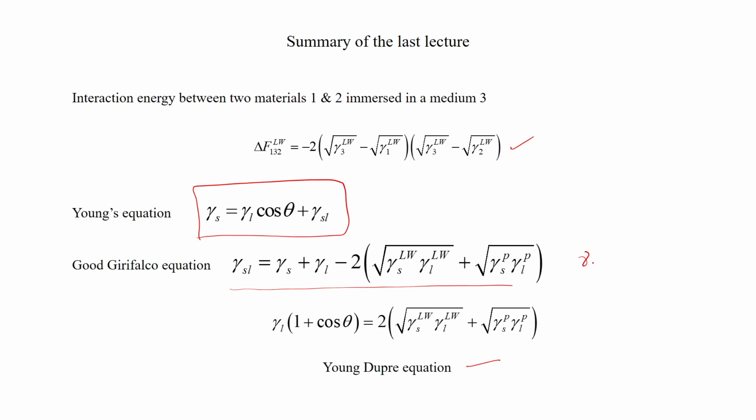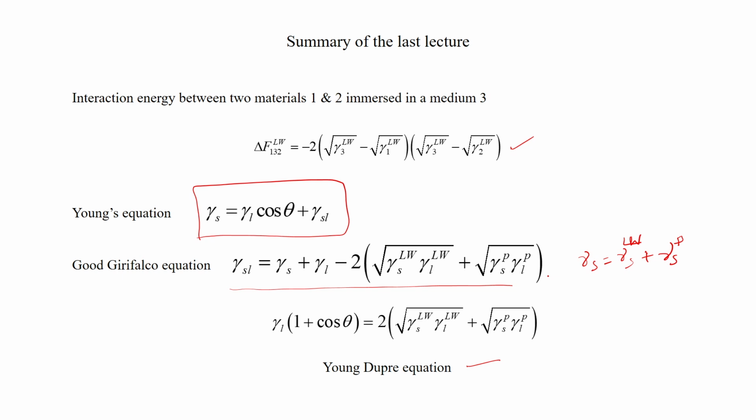So, gamma L will be given as gamma S LW plus gamma S P, so it considers both the Lipschitz van der Waals component and the polar component, and the interfacial energy between these two materials, let us say solid and liquid, is given by this equation.